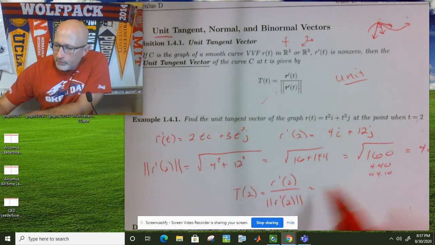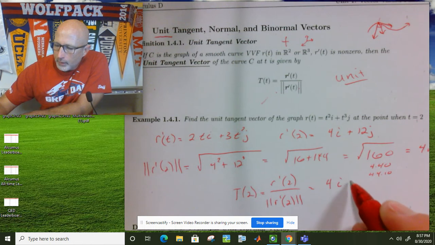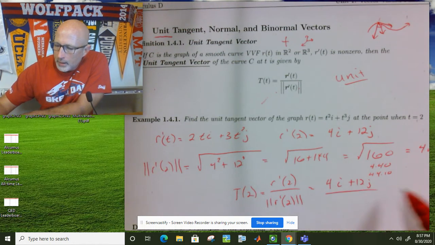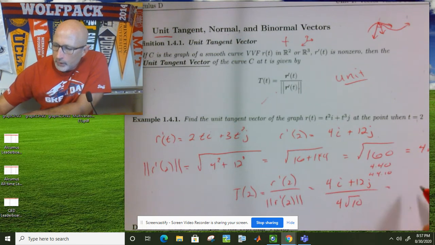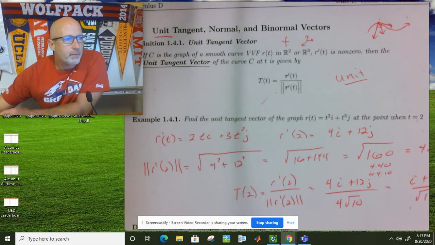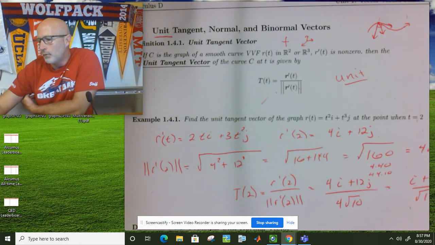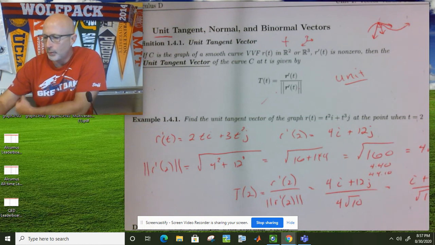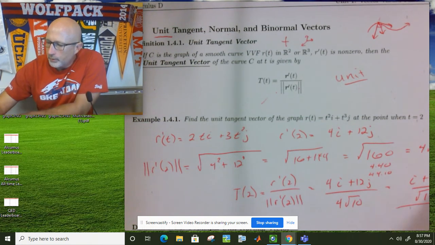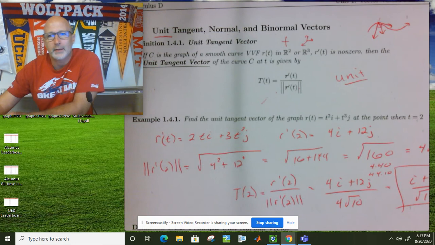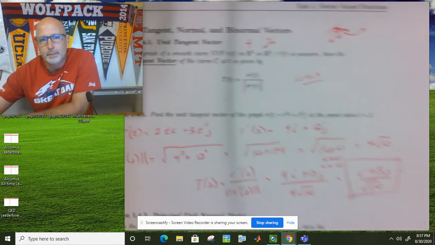So r prime of 2 is 4i plus 12j, and this is going to be all over 4 times the square root of 10. So this is going to give you i plus 3j all over the square root of 10. Of course, you could go a little bit further than that if you wanted to rationalize it, split it up, whatever, but there's nothing wrong with this answer, so I'm just going to leave it as is. Oops, sorry about that. You can't even see that.